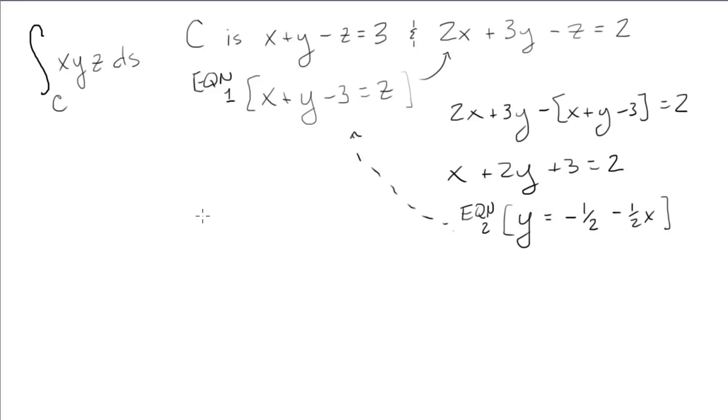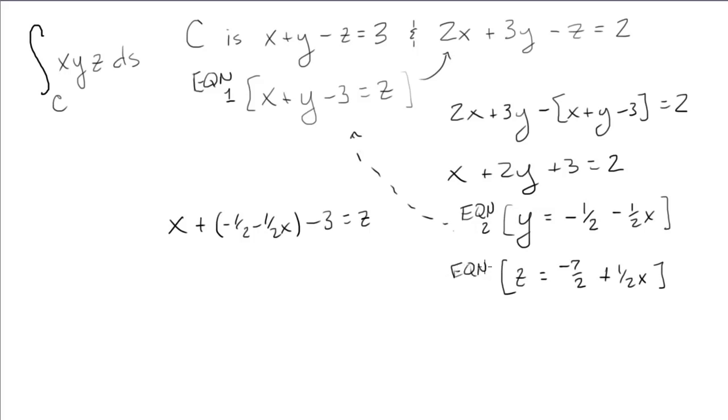So back in the first equation, collect my algebra, and I've got z in terms of x. There's my two equations rewritten.